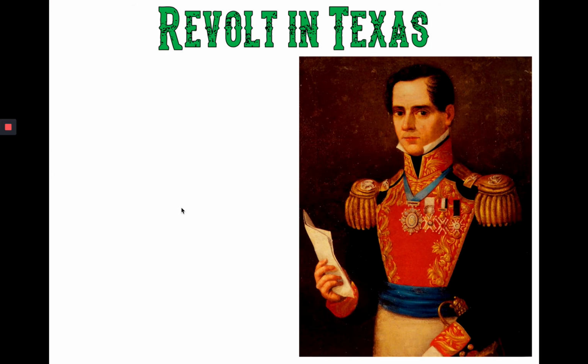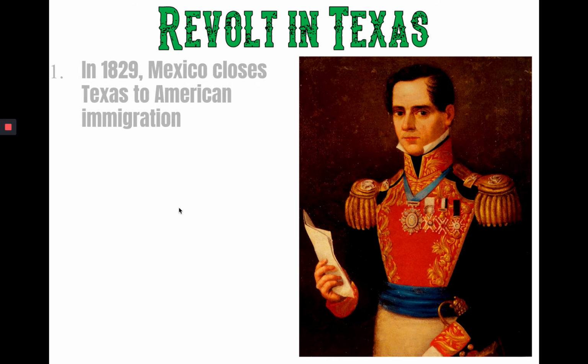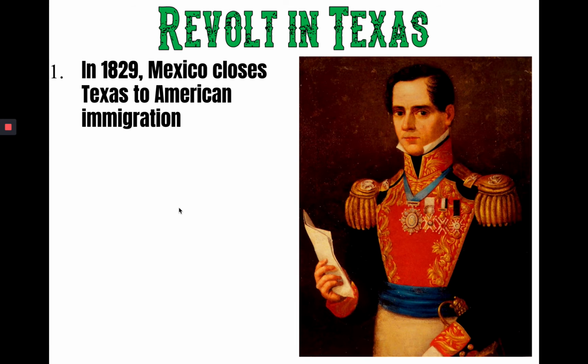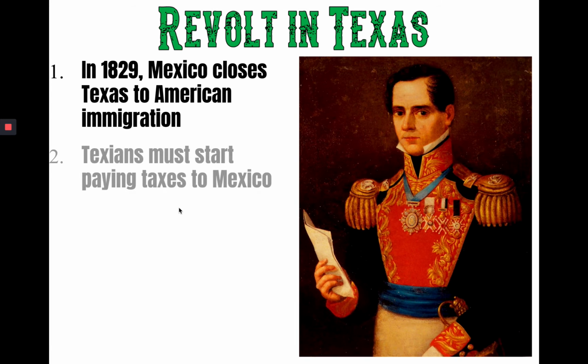This all leads to a revolt in Texas. In 1829, Mexico closes Texas to American immigration. There's another picture of Santa Anna. They declare that Texans must start paying taxes to Mexico. Kind of makes sense. It's actually not an unreasonable request.